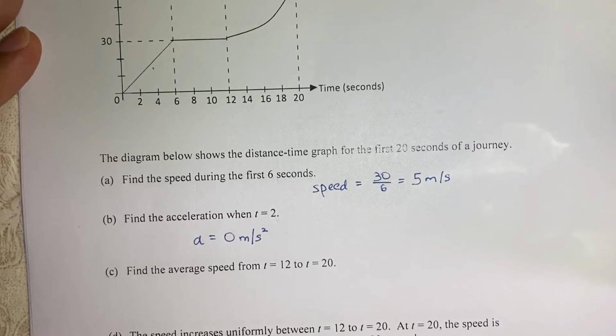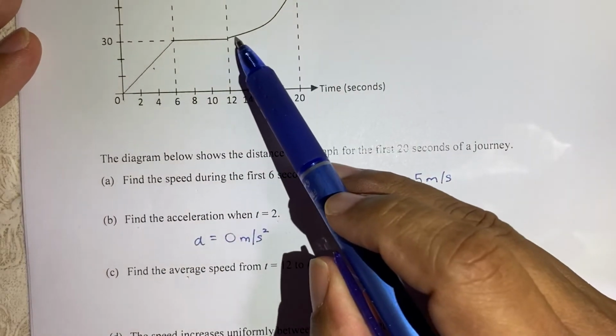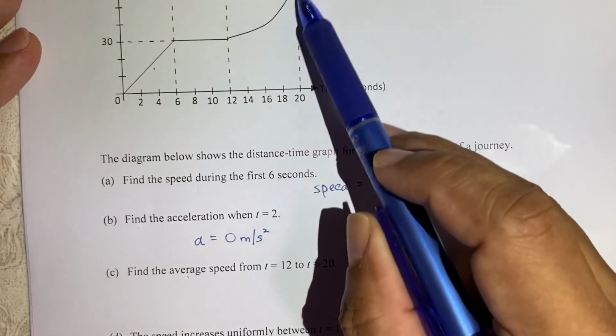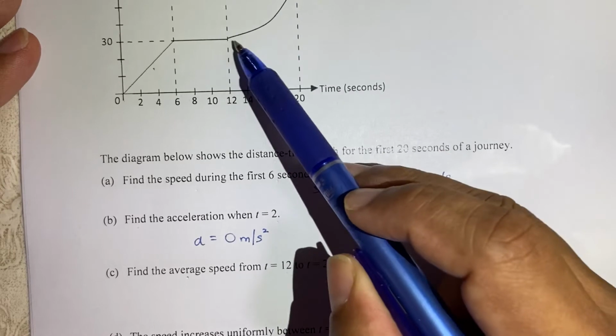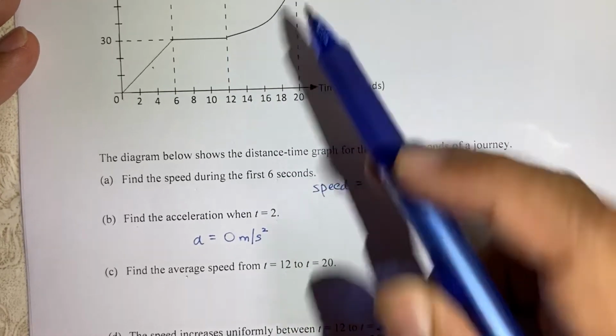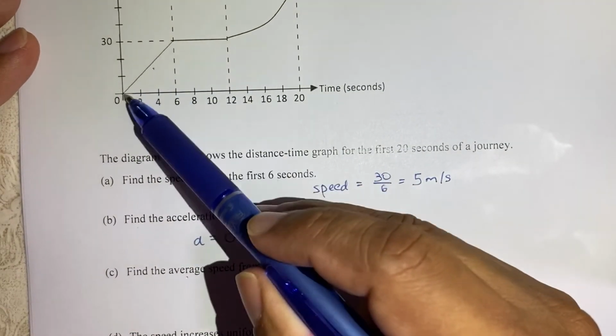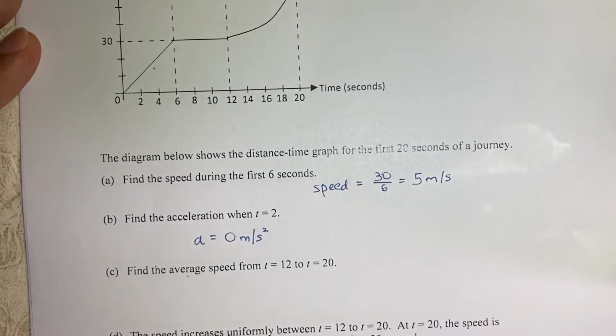Now thirdly, what is the average speed from T12 to T20? Now they say average. Because if I were to look at this graph, this actually tells me that there is an acceleration. The speed is not constant. If it is a straight line graph, the speed is constant.